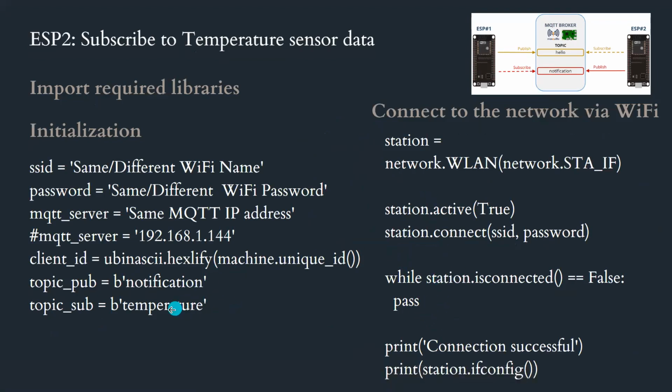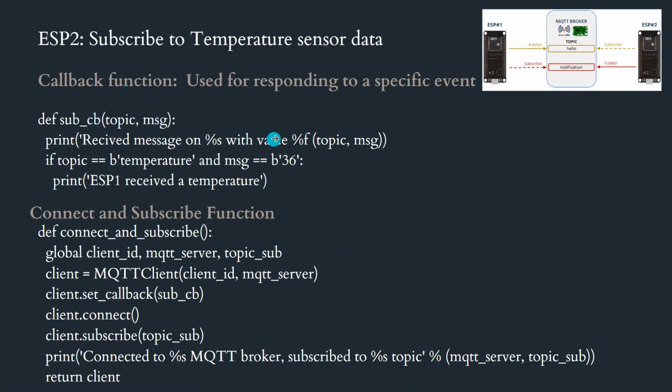So this is the answer to the previous slide. We have to subscribe to the topic temperature and publish to the topic notification in our scenario. The callback function is also the same as for device 1, so nothing changed there.